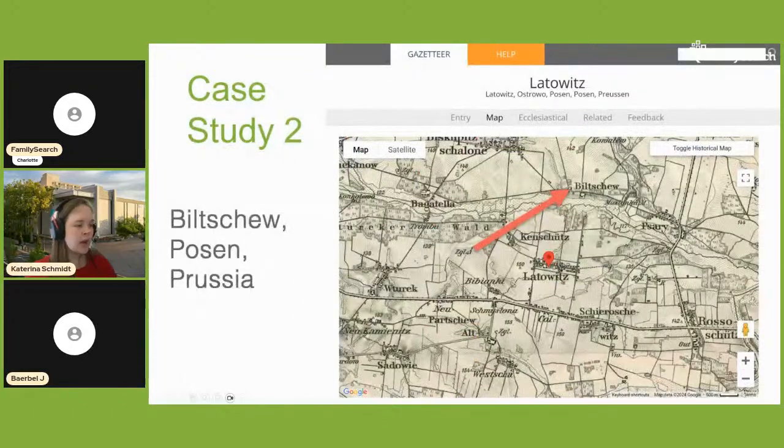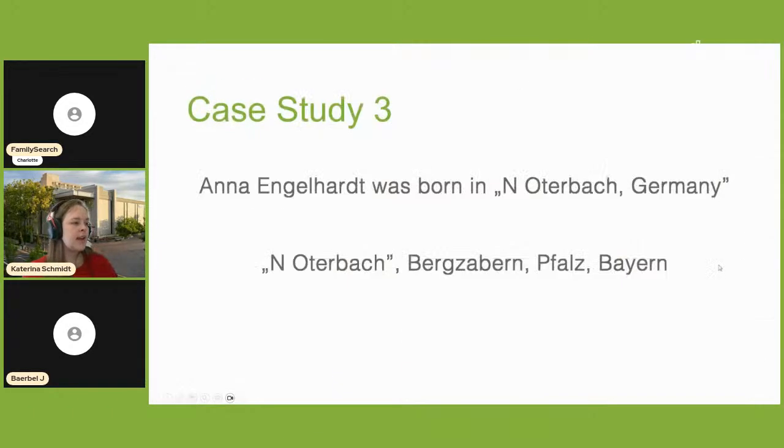So coming back, I have one more place for you to try. I'll leave this page up and give you a couple minutes if you want to try searching for this location. Anna Engelhardt was born in N. Otterbach in Germany.